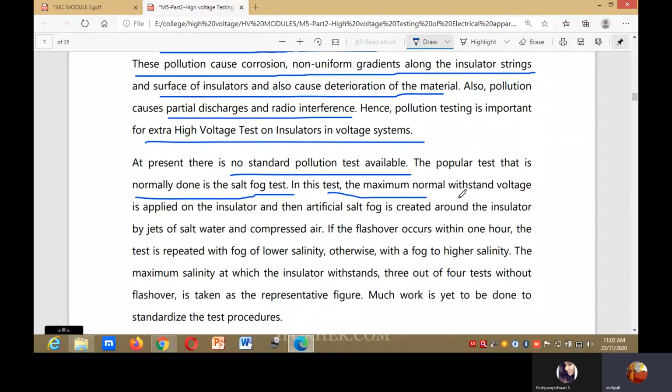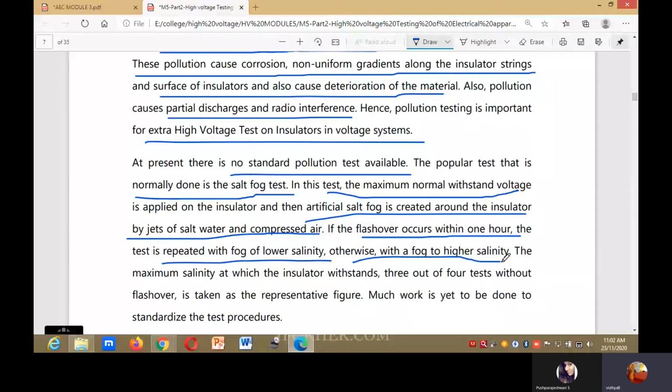In this test, maximum normal withstand voltage is applied on the insulator, and then artificial salt fog is created around the insulator by jets of salt water and compressed air. If the flashover occurs within 1 hour, the test is repeated with fog of lower salinity, otherwise with fog of higher salinity.